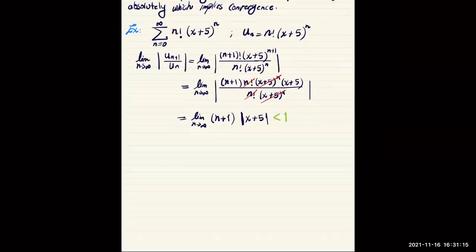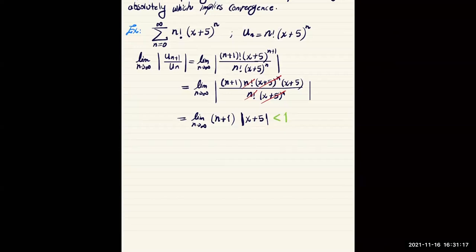To solve for x, you've got to get rid of any coefficients around x, which would be this thing right here. So divide this inequality by n plus 1 in the limit. We get the absolute value of x plus 5 less than 1 times 1 over n plus 1.